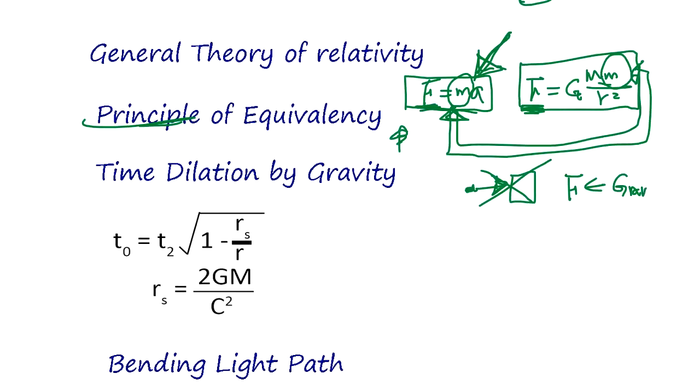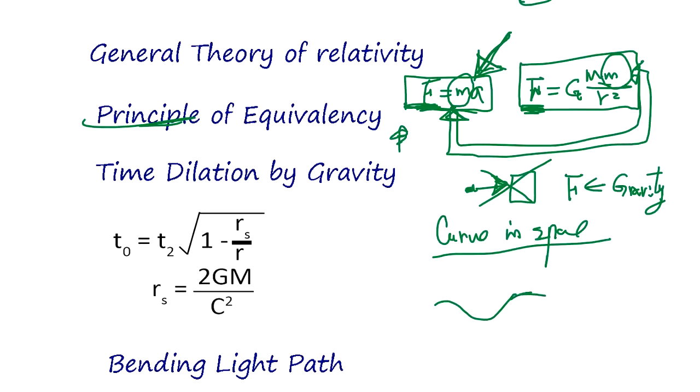Okay, so he said every force is generated by gravity, and gravity is generated by the curve in space. It means the space-time is curved, and if you are here, you get the gravity, the force.